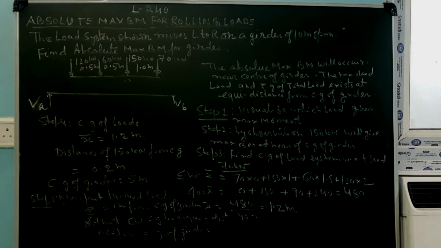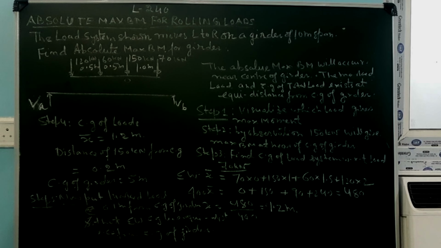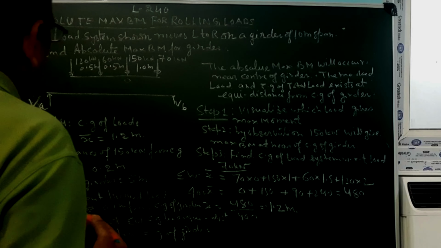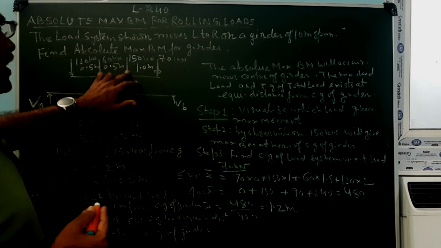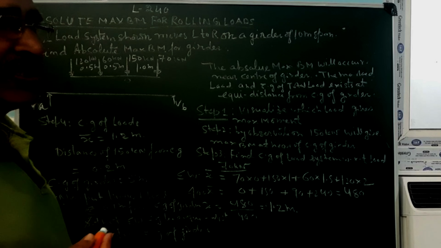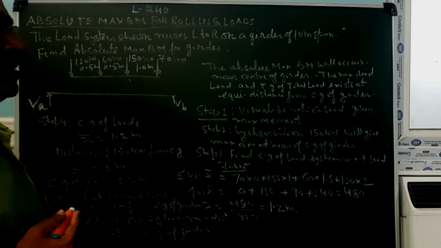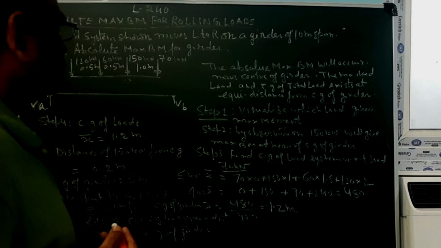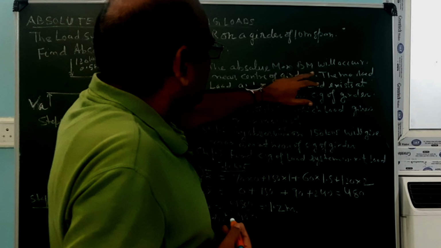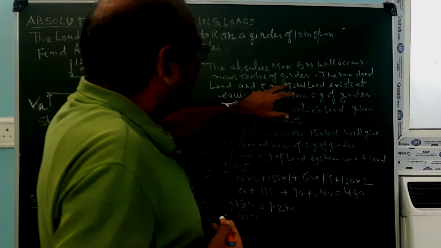If this load is somewhere near the center of the span or girder, then you will find the maximum. So by observation, our mark load is 150 kilonewton because this will give the absolute maximum bending. The absolute maximum bending will occur near the center of the girder.